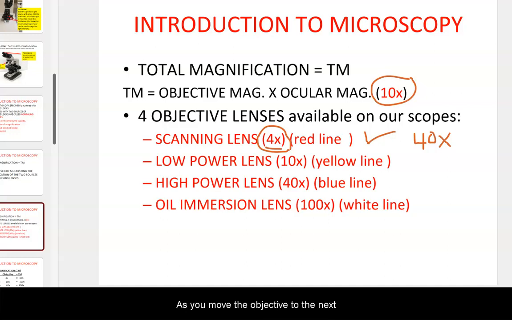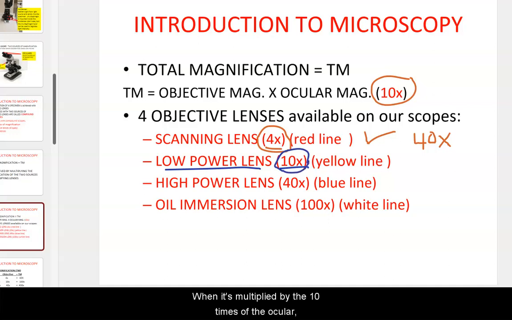As you move the objective to the next magnification, this is the 10x, called the low power lens. It magnifies the image 10 times, which when it's multiplied by the 10 times of the ocular, we achieve a total magnification of 100x.